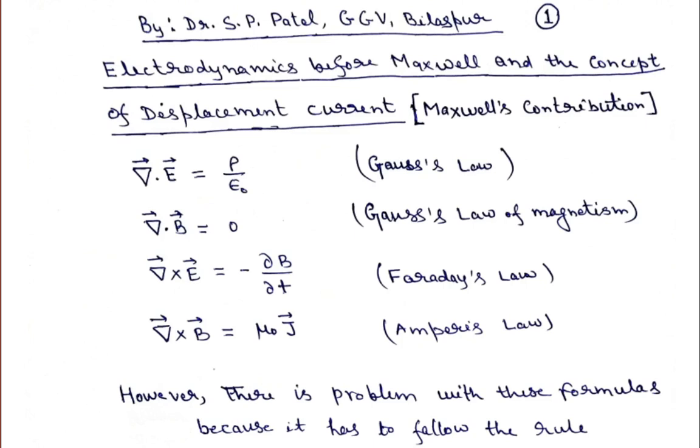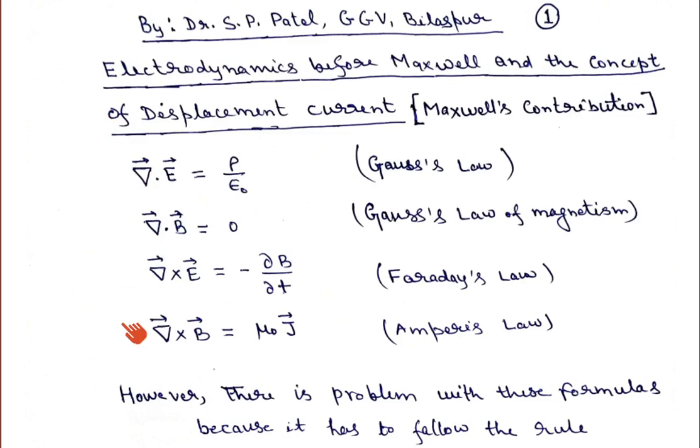So I will summarize what we have learned till now in electrostatics and magnetostatics. All those things can be written in four coupled equations.